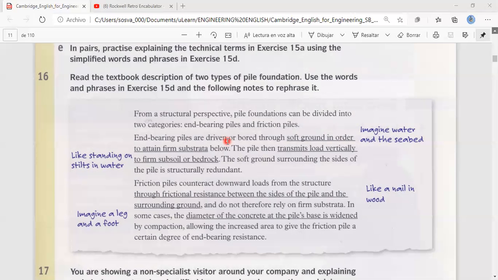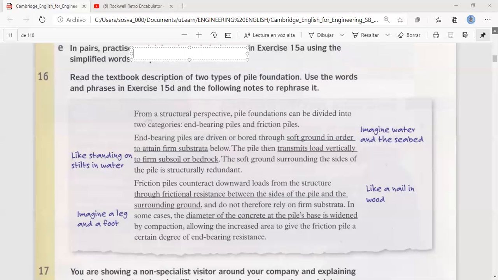End-bearing piles are driven or bored through. Let me put it a little bit better. Okay, like this. It says, from a structural perspective, pile foundations can be divided into two categories.